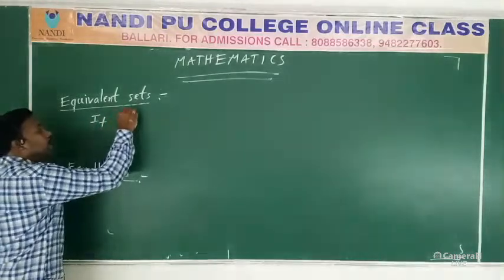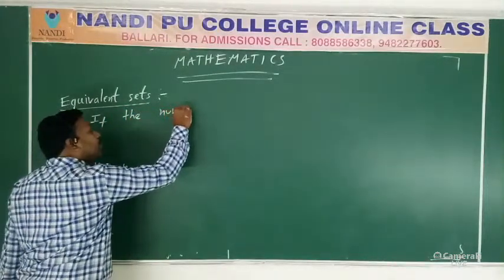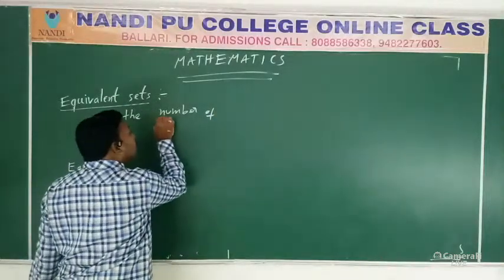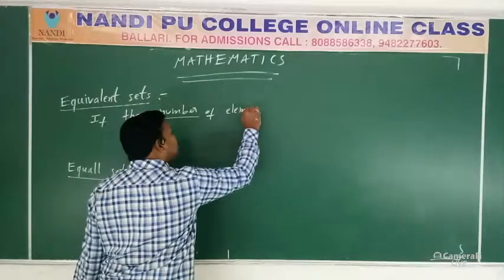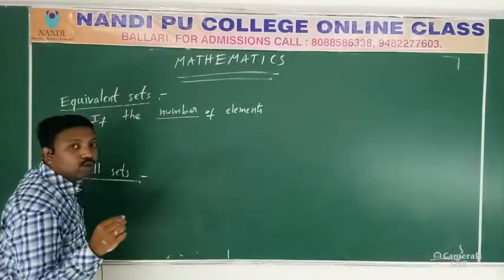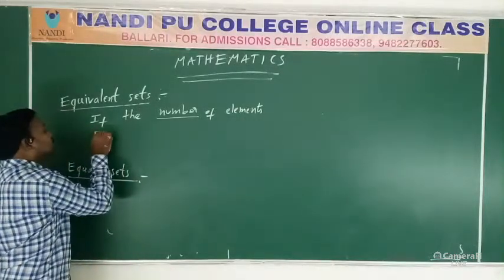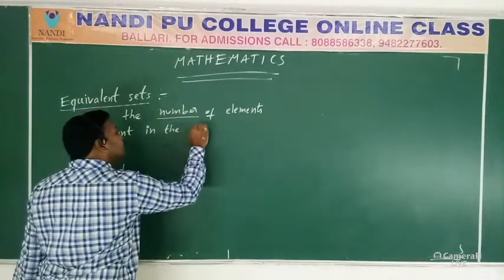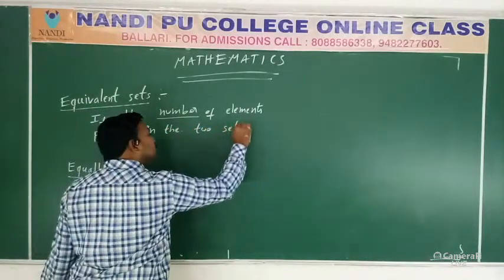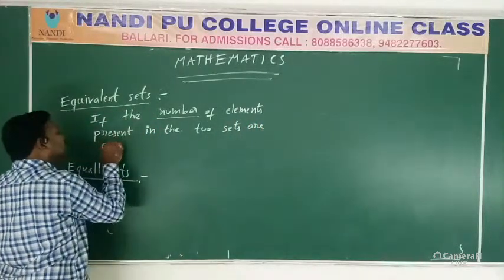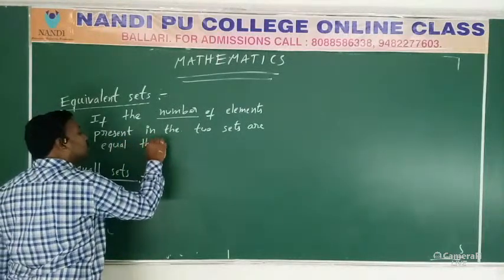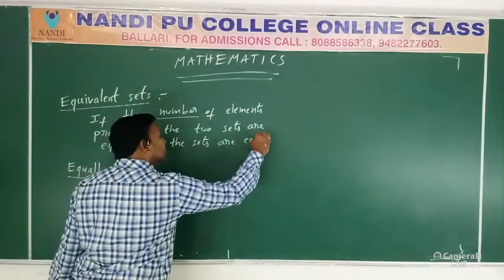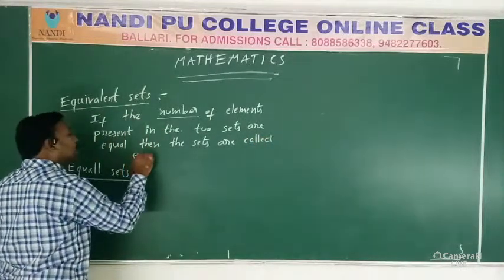If the number of elements present in the two sets are equal, then the sets are called equivalent sets.